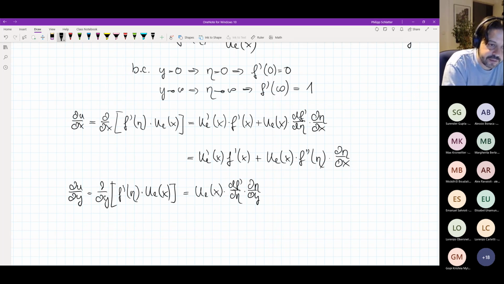So that's another derivative of eta. Now realize that ue of x is actually not a function of y, so it's not a product. It's just one value that is dependent on x. So I'm actually already done here. So this is ue of x times f double prime of eta times d eta dy.